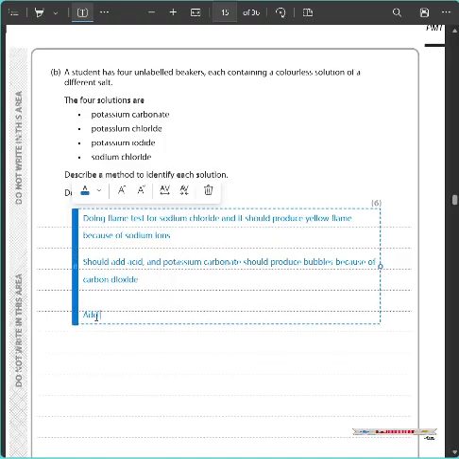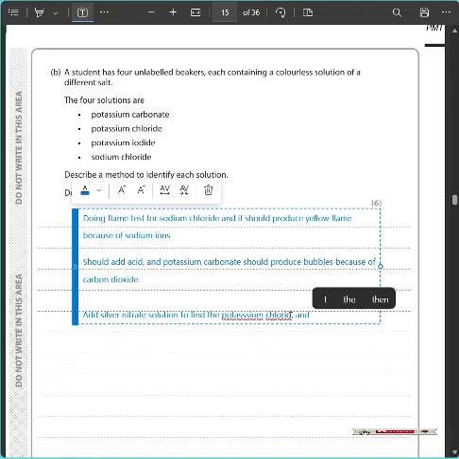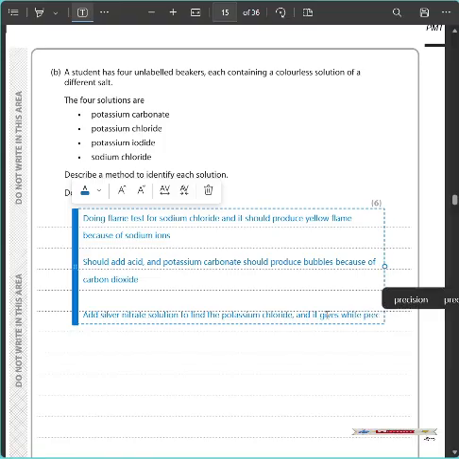And add silver nitrate solution to find the potassium chloride. If you add silver nitrate solution to potassium chloride, it gives a white precipitate because of chloride ions.